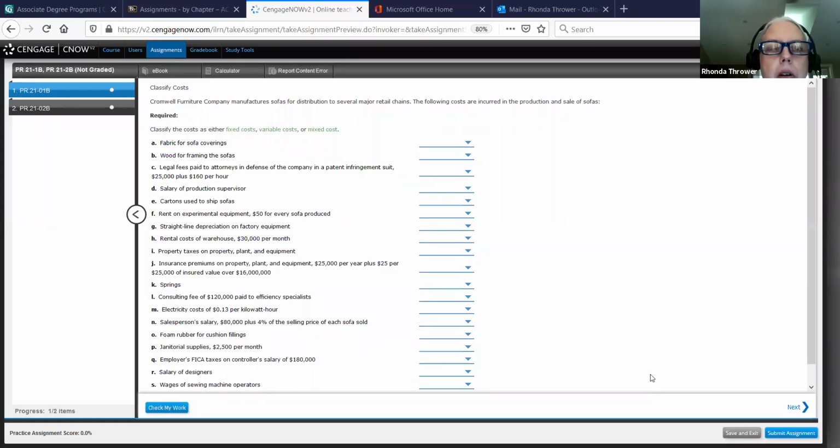So you should be able to see Cengage now. And the first problem that you're going to have to do is you're going to have to know how to classify cost as either fixed cost, variable cost, or mixed cost.